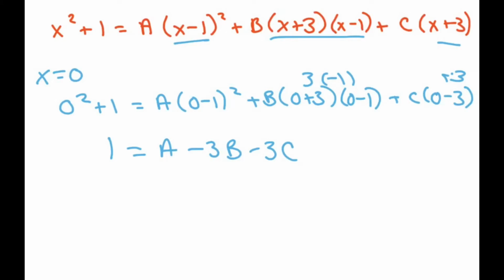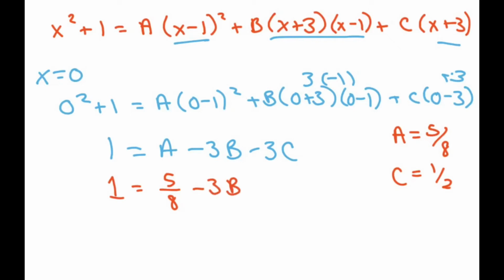Now we already know our A and C. So our A was 5/8, and our C was 1/2. So we're going to substitute and plug that in. So 1 equals 5/8 minus 3B minus 3 times 1/2. So I go ahead and move the 3B over here. So we have 5/8 minus 3/2.